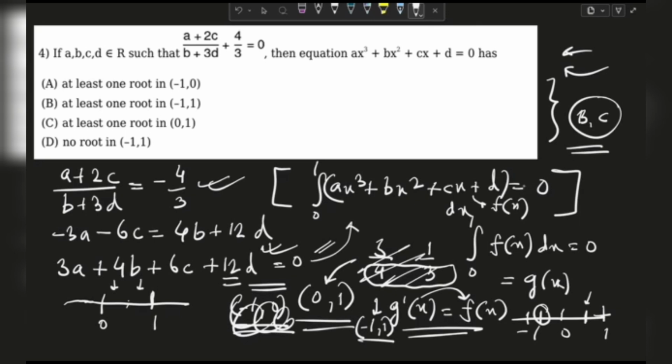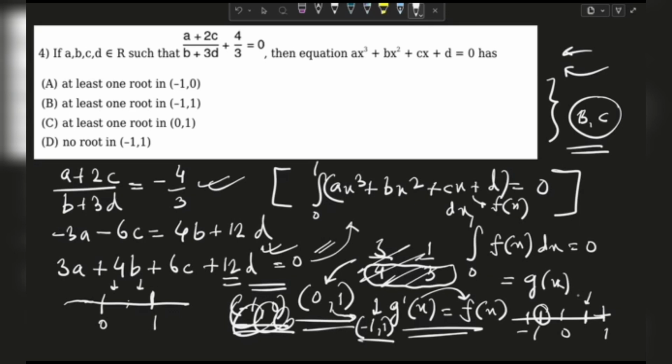-1 to 0 is not correct, because we can't ascertain that. From 0 to 1 we reached this conclusion, but we can't directly go to -1 to 0 from it anyway. And no root in -1 to 1 will also be not fully correct, because we have ascertained that between 0 to 1 there can be one root. You never know where that root lies.